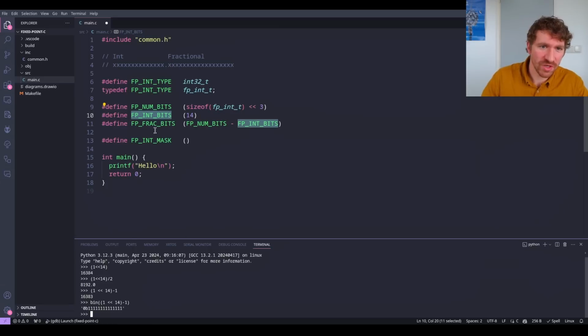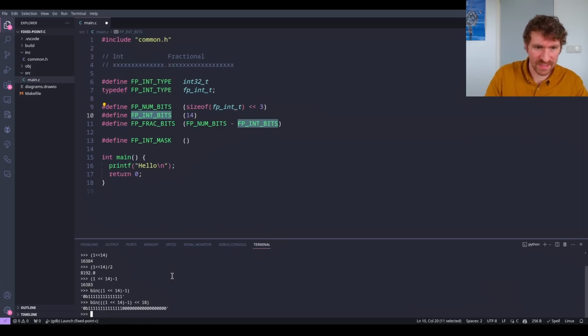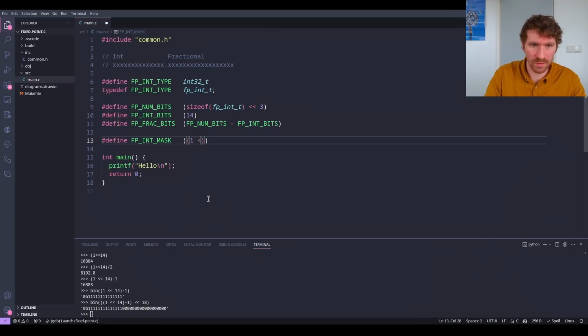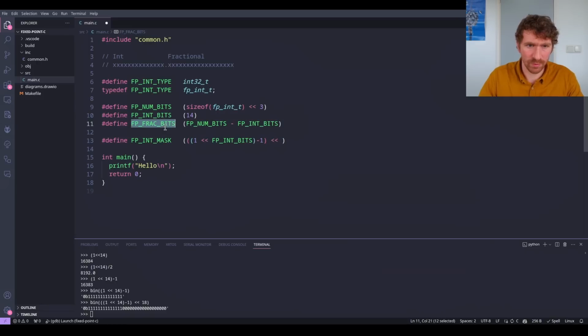So we need to shift this up by the number of fractional bits we have, which is 18. If we shift this all up by 18 bits, we get this, and this is the mask we want. So we want to say 1, shift it up by the number of integer bits, minus 1, take all of that, and then shift that up by the number of fractional bits that we have.